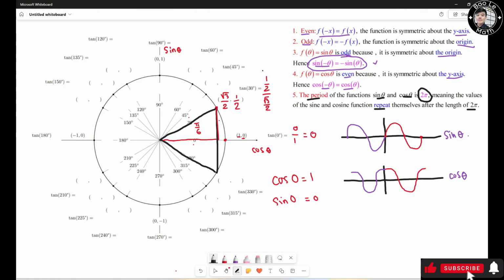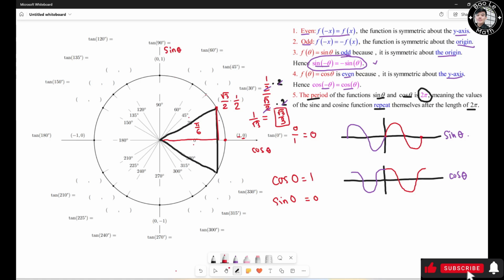Now you just multiply the top and bottom by 2 and simplify. This cancels out, this cancels out. You have 1 over root 3. You can rationalize this one. It turns out to be root 3 over 3. So this is tangent of pi over 6.